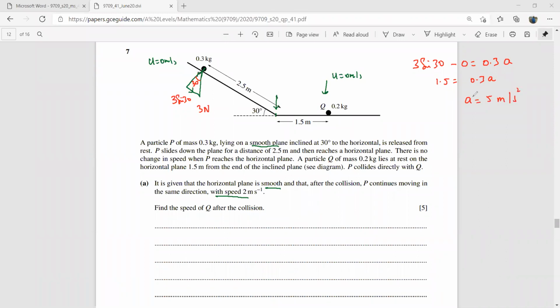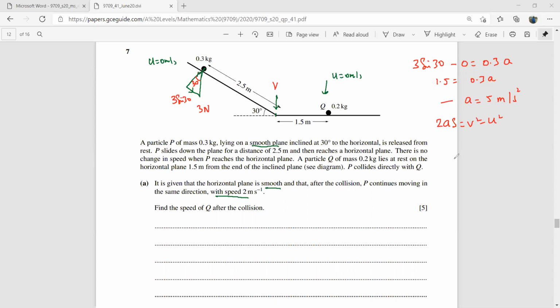Please keep a check on my working. Now, we have to find what would be the speed when it reaches here. So we have the initial speed, we have the distance, we have the acceleration. So basically, I had to use this equation. That is why I found this acceleration here. So 2as is going to be v square minus u square.